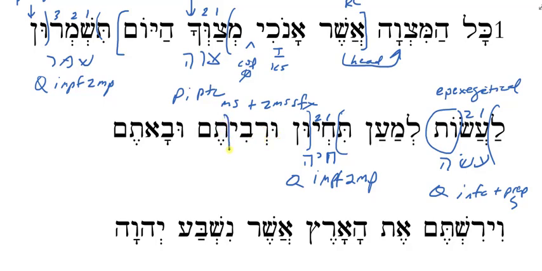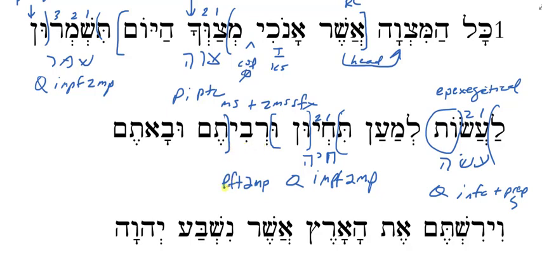And so here's that ending, tem. Remember, tem and ten are heavy consonantal endings for what looks like a perfect 2MP. And I have a vav, though, on the front. And this is in sequence with two imperfect forms, tishmarun, tichyun, and then a vav with what looks like a perfect.